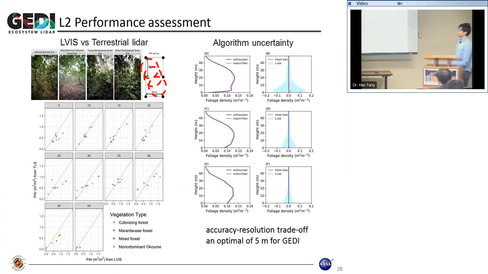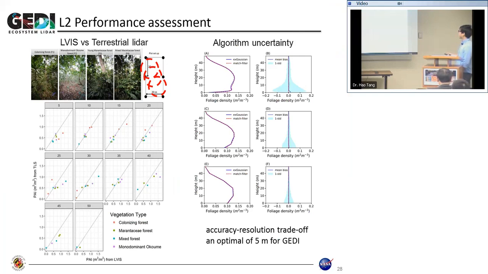This is the initial comparison result. We have both LVIS data as well as terrestrial lidar scans. The black dots here represent the TLS scan points, and the red circles represent the LVIS footprint size. We can see a really nice relationship between these two, pretty much no saturation at all, and you can see this relationship stays almost the same through different height intervals.